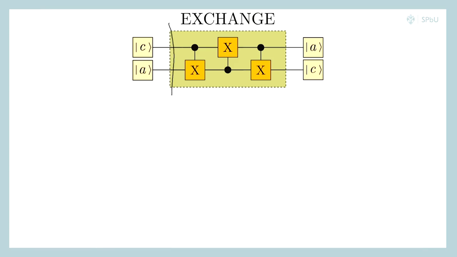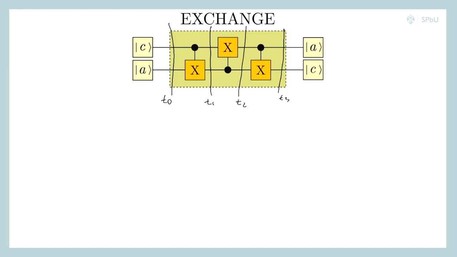Let the moment t0 be the input, the moment of time t1 be after the first X element, the moment t2 after the second X element, and the moment t3 the output.